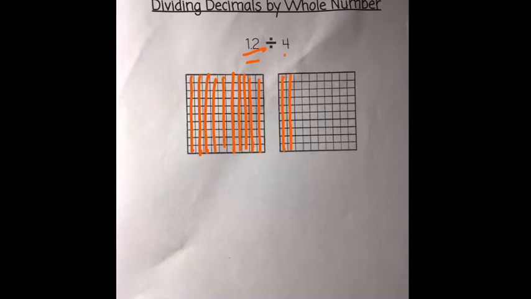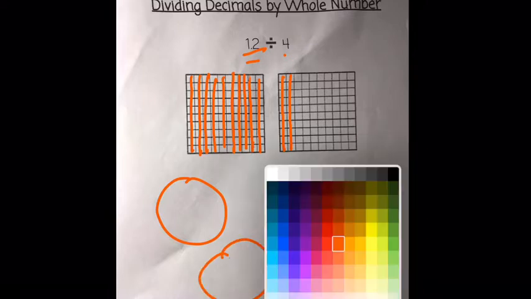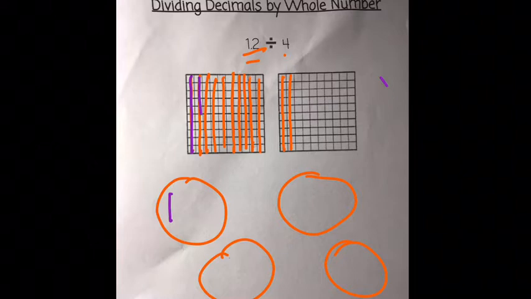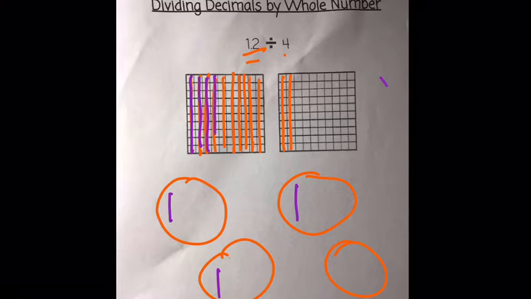Now, the problem is asking us to put it in 4 groups. So we're going to do 1, 2, 3, 4. And what we are going to do is evenly divide them. So I'm going to put 1 rod or 1/10 here, another rod or 1/10 here, another here, group 4, and then I'm going to do that again.